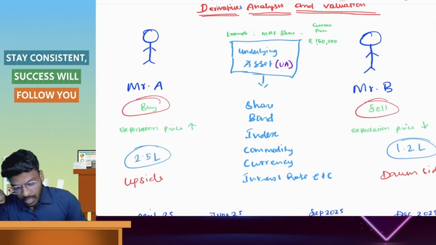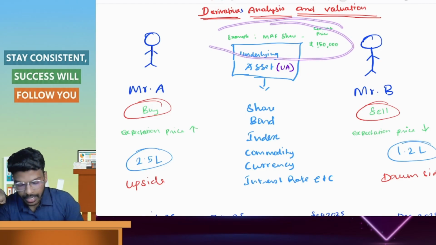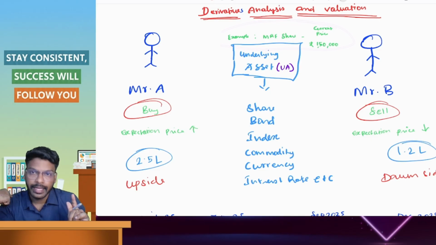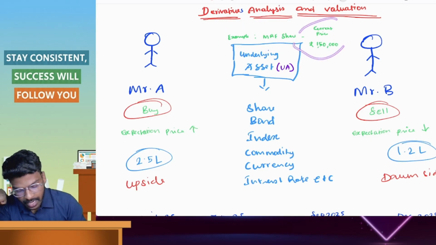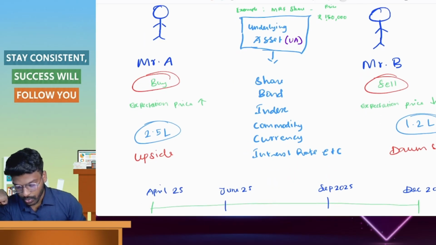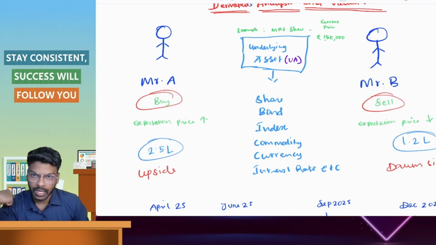Example: MRF shares. I will take the example of MRF shares. The current price of the MRF share is 1,50,000. Mr. A has an expectation that the price will increase to 2,50,000.